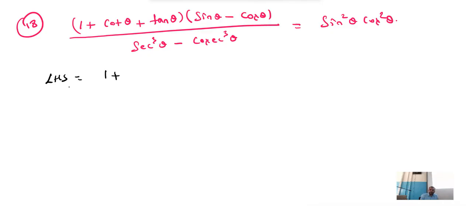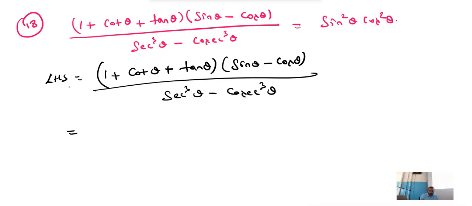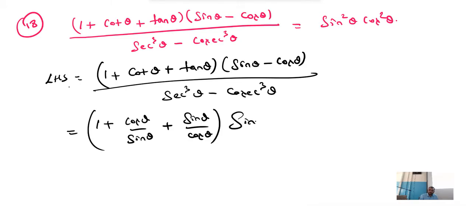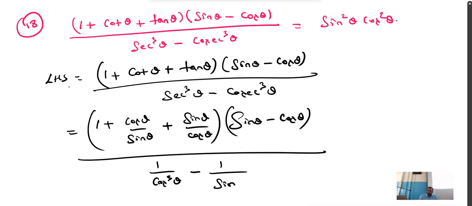Now what is the LHS? (1 plus cot theta plus tan theta) into (sin theta minus cos theta) divided by (secant cube theta minus cosecant cube theta). Now 1 plus cot, which is cos by sin, plus tan, which is sin by cos, into (sin theta minus cos theta), divided by secant cube theta, which is 1 by cos cube theta, minus cosecant, 1 by sin cube theta.